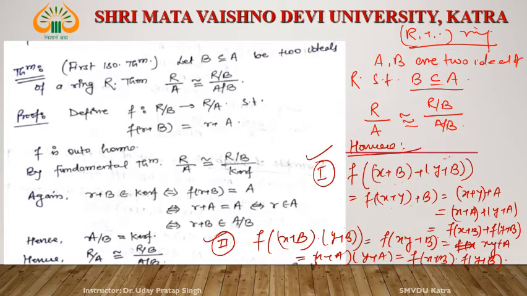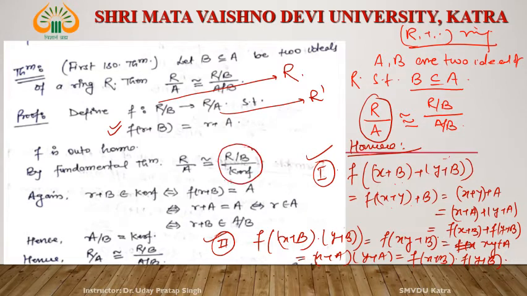Now this f is an onto homomorphism. Okay, similarly we can show that it is onto. If this f is an onto homomorphism, then by the first fundamental theorem, this R by B is like R and R by A is R prime, then R by kernel of f, that is R by B kernel of f, is isomorphic to R prime, that is R by A.